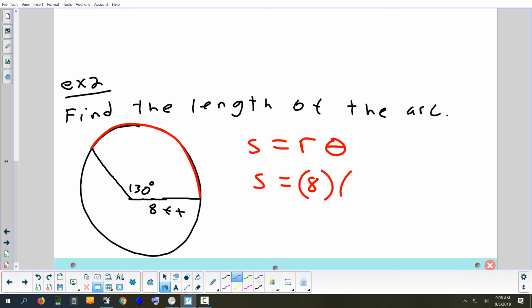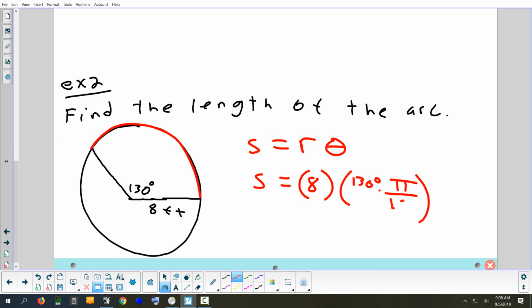All right. So off to the side, we'll change 130 degrees to radians. Or you know what? We can do it right in the equation. So we have 130 degrees. What do you multiply by to change degrees to radians? Multiply by pi and divide by 180. Yep, exactly.